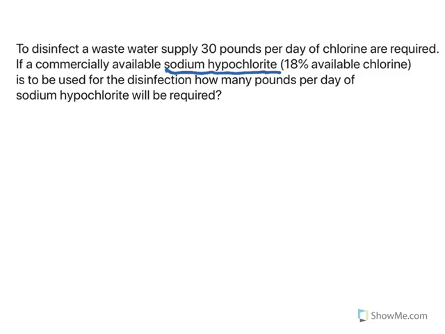And sodium hypochlorite is going to provide an equivalent amount of chlorine to chlorine gas, but at a much lower percentage. So you have to use a lot more sodium hypochlorite to get the equivalent disinfection properties of chlorine gas.